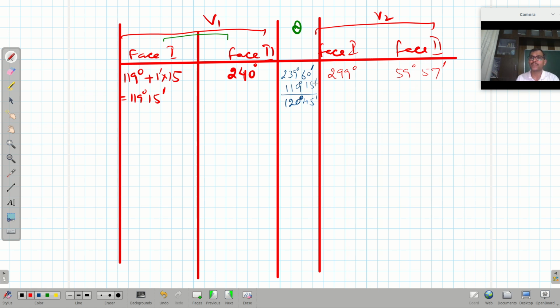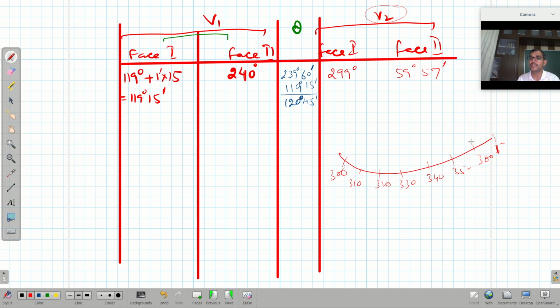It is because of the reason that when I look at the reading when I am moving from phase 1 to phase 2 for vernier V2, say the divisions are like this. Say 299 is here, roughly near 300 degree, then it is 310, 320, 330, then 340, 350, 360, 370, but it is not 370.